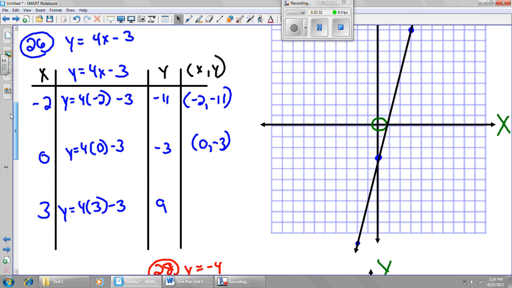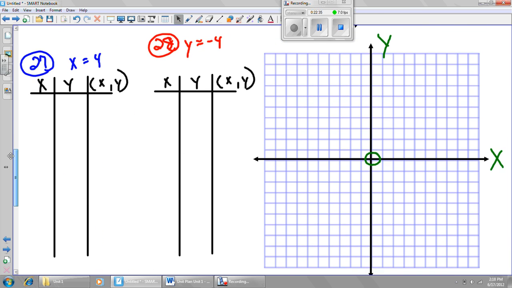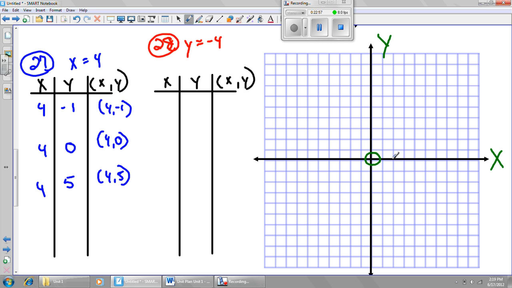Okay, coming down to number 27. That's a simple one because x is 4. So my three choices for x must be 4. Y can be any number. So I have the points (4, negative 1), (4, 0), and (4, 5). Okay, 4, negative 1, 0, and 1, 2, 3, 4, 5 is right there.